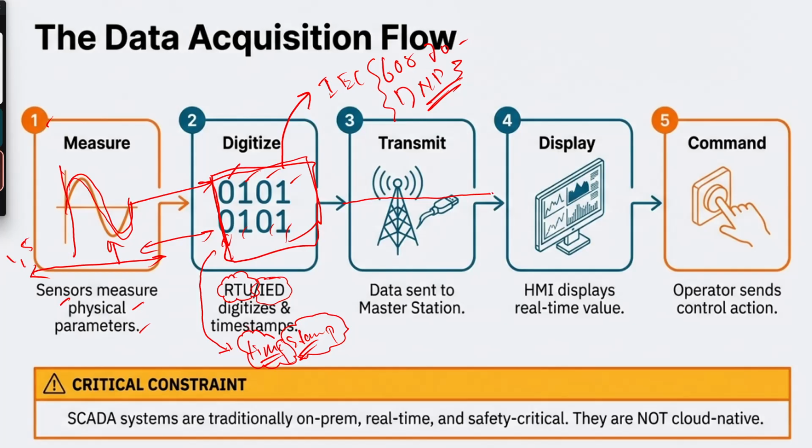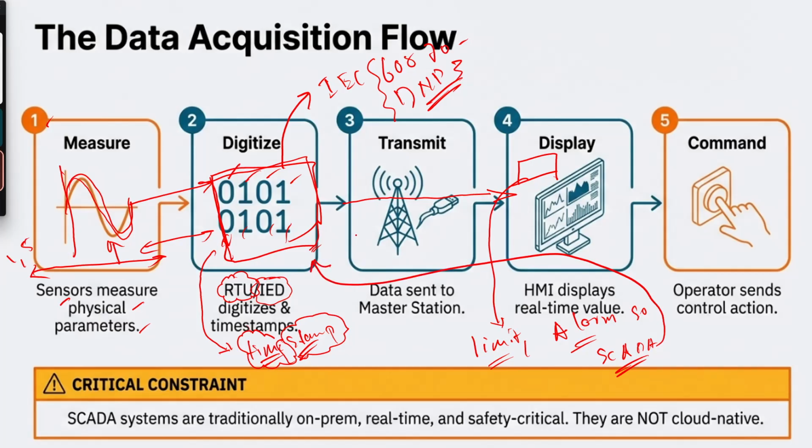Now the SCADA system will validate this digitalized data, correct. Once the SCADA system receives these packets, it will check. Basically we will set the limits, right? Limits and alarms and so on. So basically we are setting the thresholds within the SCADA system, and the received data will be compared with the actual.